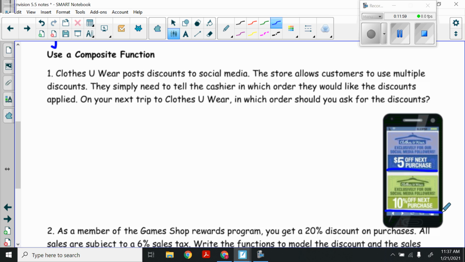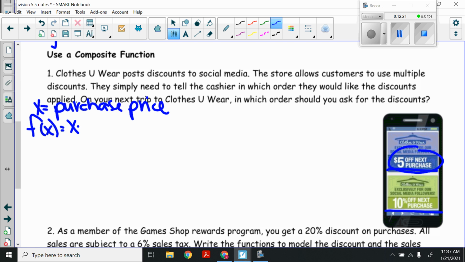So we have to decide how we want that. Do we want $5 off, then 10% off, or 10% off, then $5 off? Let's call x the purchase price. The first one, $5 off your next purchase, would be f of x equals x minus 5.